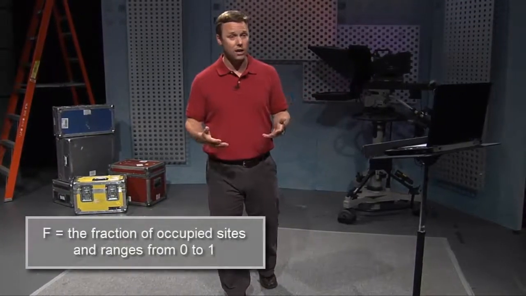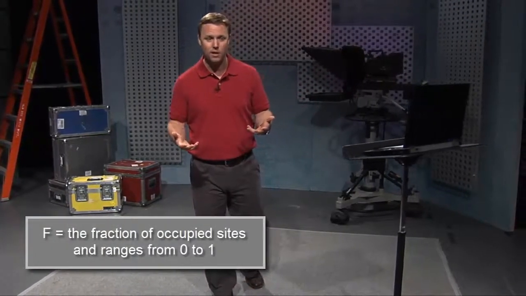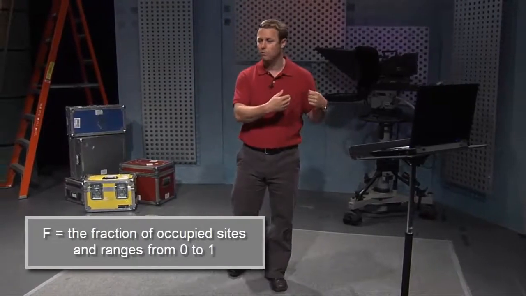So that value of F would range from 0 to 1. If it's 0.5, we have 50% of our sites being occupied. If it's 0.7, we have 70% of all of our sites or subpopulations being occupied.